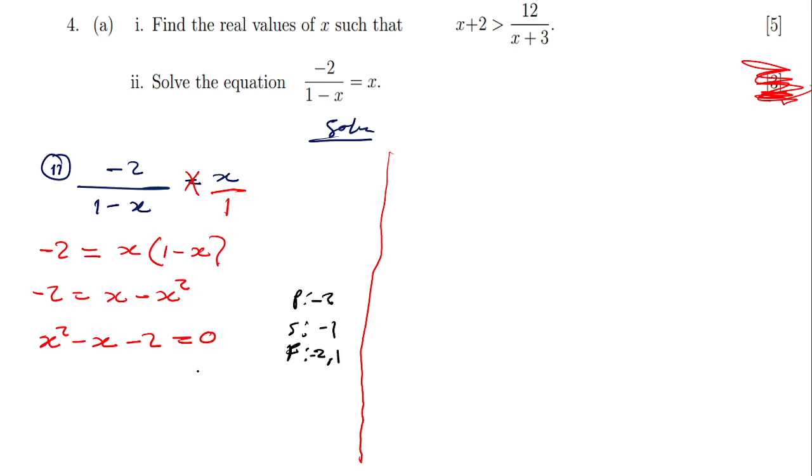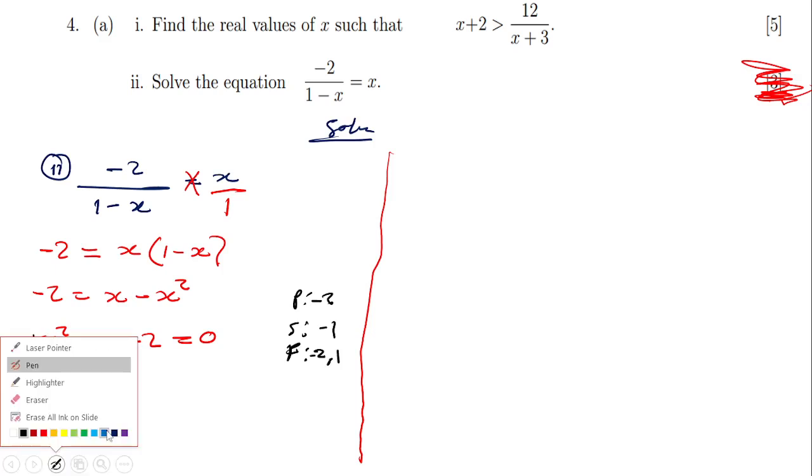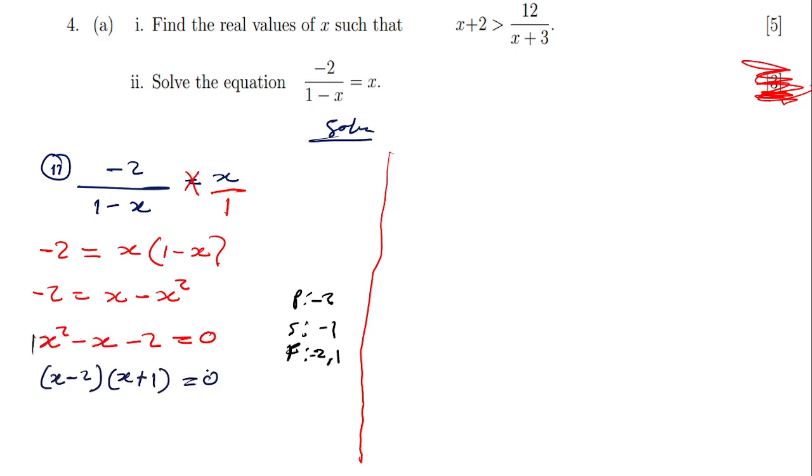Since this has a coefficient of 1, I'm not going to stress. I'm going to say (x minus 2)(x plus 1) is equal to 0. Some tutors will tell you that since the coefficient is 1, just take these guys and change the signs.